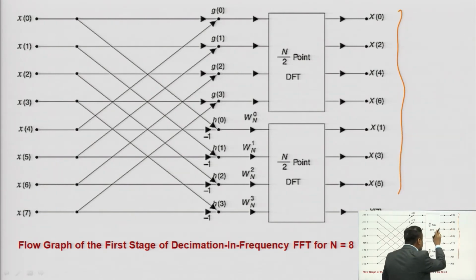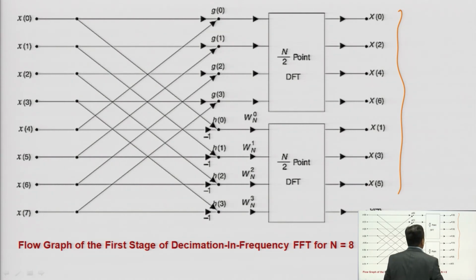The frequency domain sequence capital X of k you are splitting here. It means you are starting from the output side in DIF FFT. In DIT FFT you are splitting your sequence from the input side. That is why that was the DIT FFT, but this is DIF FFT. We are splitting your sequences from the frequency domain.